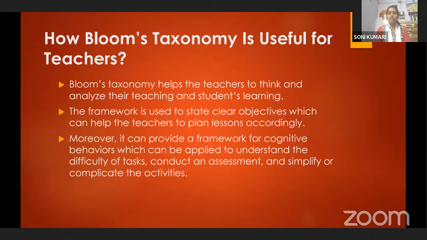The framework is used to state clear objectives which can help the teacher to plan lessons accordingly. Moreover, it can provide a framework for cognitive behavior which can be applied to understand the difficulty of tasks, conduct an assessment, and simplify or complicate the activities.